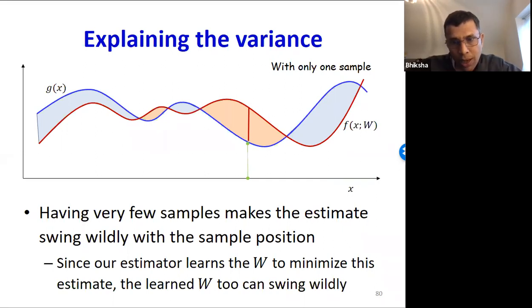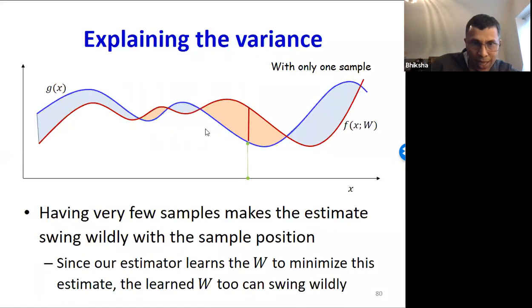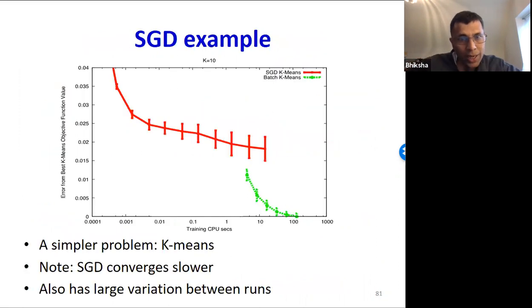And so, which is why we saw this behavior over here, right? In SGD, depending on the location of the sample that you drew, you're going to get wild variations in what you think you must do to the function. Right? Which is why you get this really bad variance behavior.